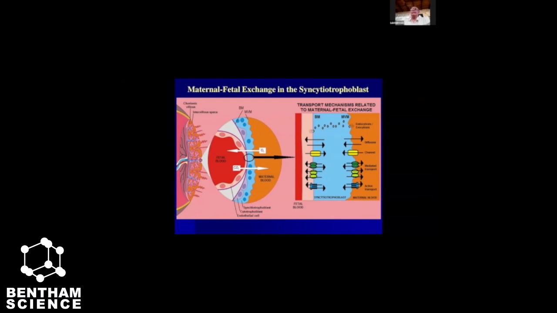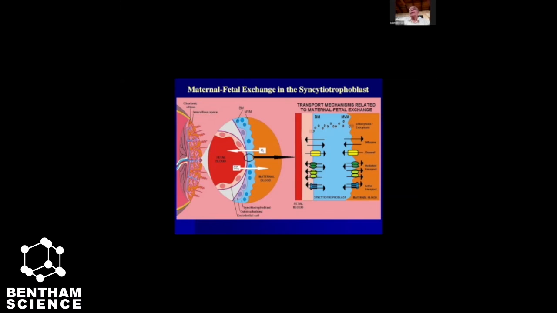At the term placenta, basically the separation of the fetal blood and the maternal blood is done by the syncytial trophoblast. So there, the control of the maternal-fetal exchange is performed by the syncytial trophoblast, and the main transfer mechanisms related to maternal-fetal exchange are endocytosis, exocytosis through membrane vesicles from the basal membrane to the microvillus membrane and vice versa, diffusion channels, mediated transport, and active transport.